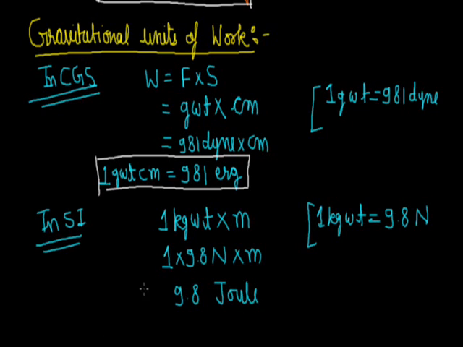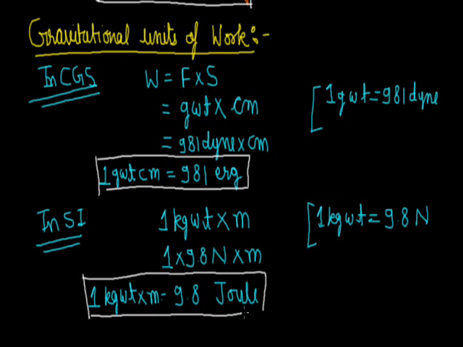So 1 kilogram weight into meter equals 9.8 joule, which is the SI gravitational unit of work.